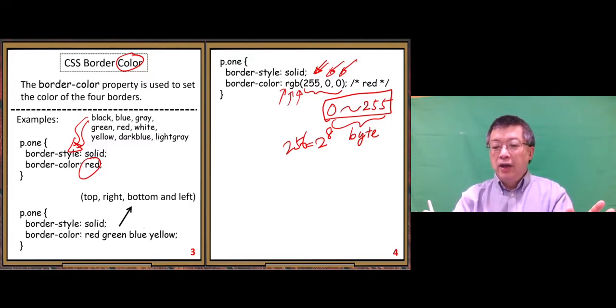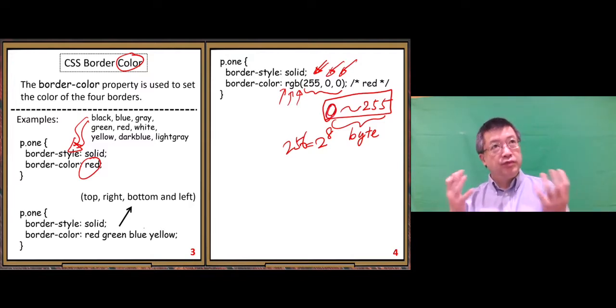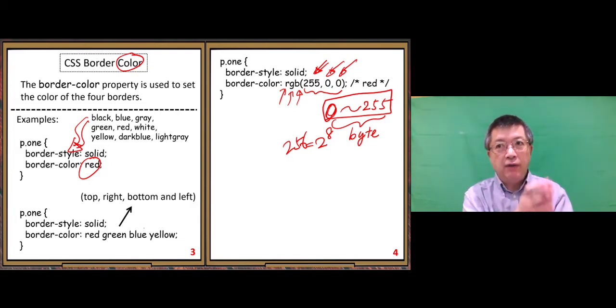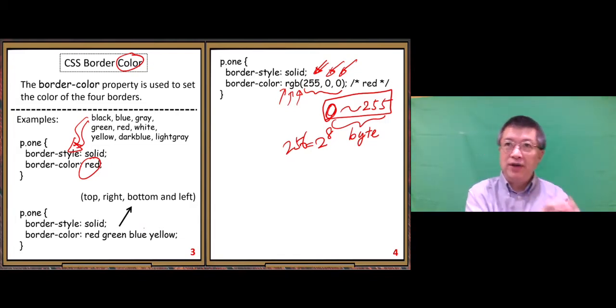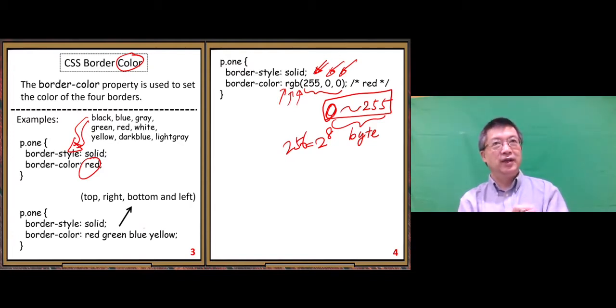Now, the 0 value is the grayscale intensity value, the lowest: nothing for that component.